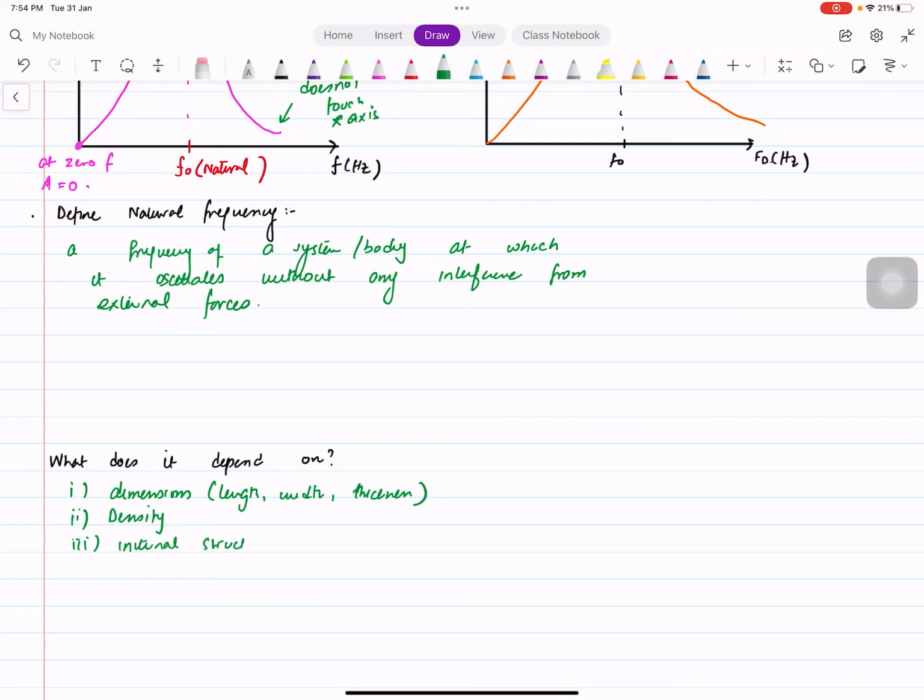Internal structure means whether it's bonded ionically or with covalent bonding, so it depends on what kind of bonding is there. And then physical structure. Physical structure basically means what kind of shape it is, right? So it's a round object, or an oblique one. Do you understand?